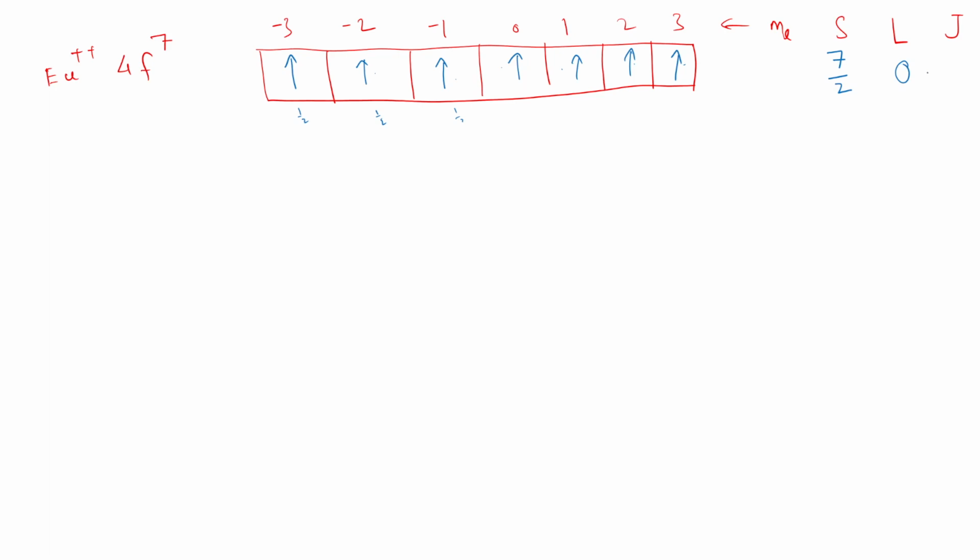And Hund's rule says that if it is half filled, then J is equal to the magnitude of L minus S. And if it is more than half filled, then J is equal to the magnitude of L plus S. So here L is 0 anyway, so L minus S is the same as L plus S. So what we get here is just 7 by 2.